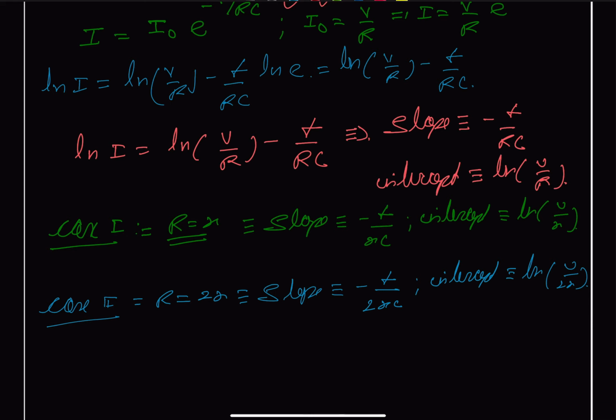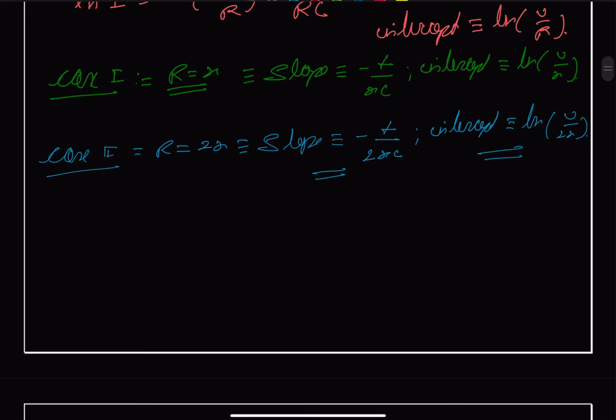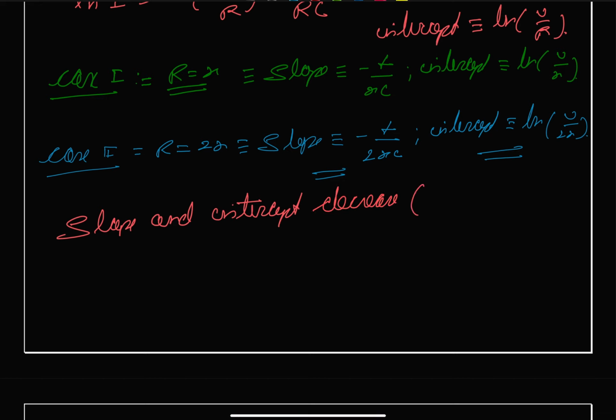And from here we can clearly see that both the slope as well as intercept are decreasing. Therefore we can say both our slope and intercept decrease, and we are only talking about the magnitude part.